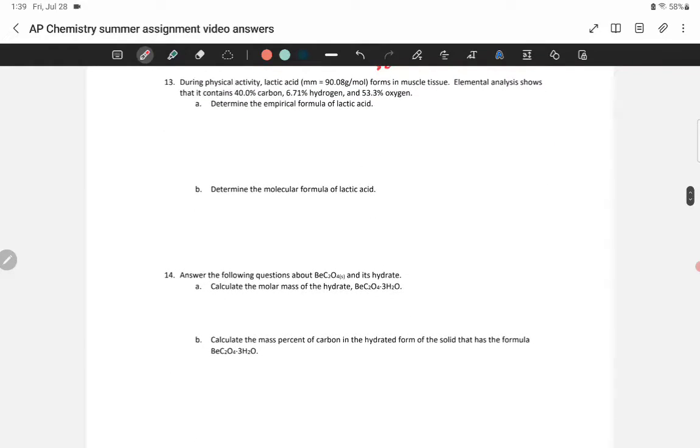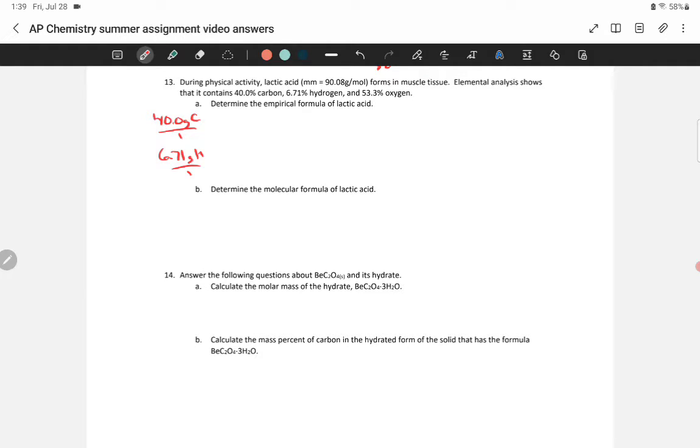Okay, 13. Empirical formula, again, is the lowest whole number ratio. So we need to take all those percentiles and convert them into moles.